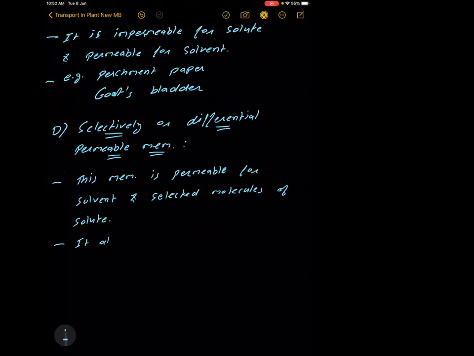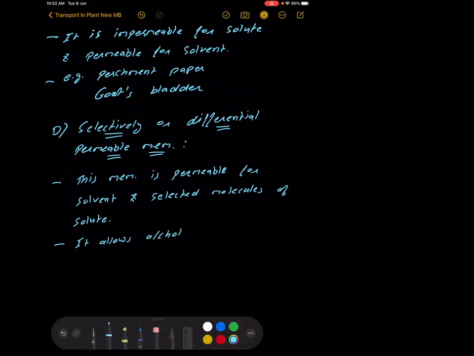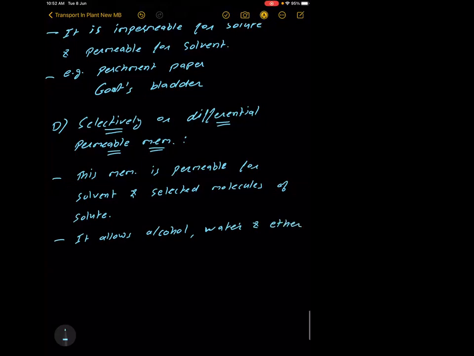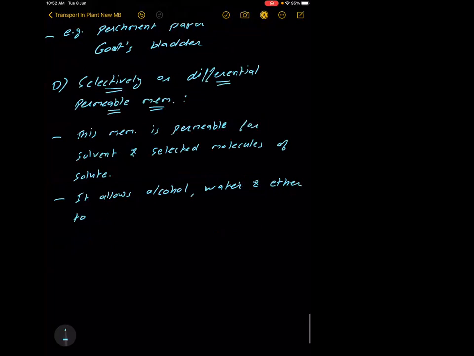It allows alcohol, water, H2O, and ether to pass through it.